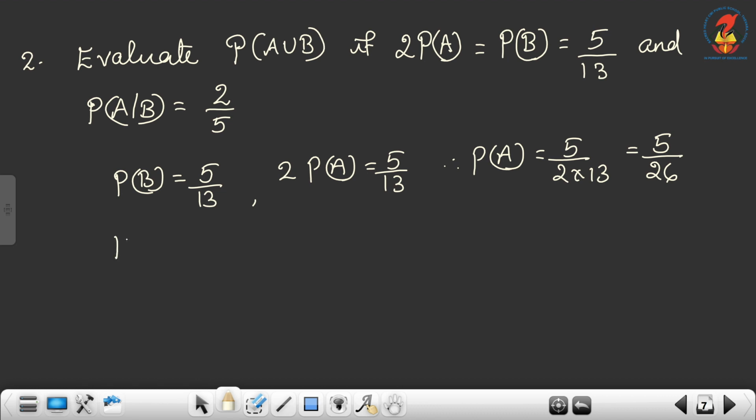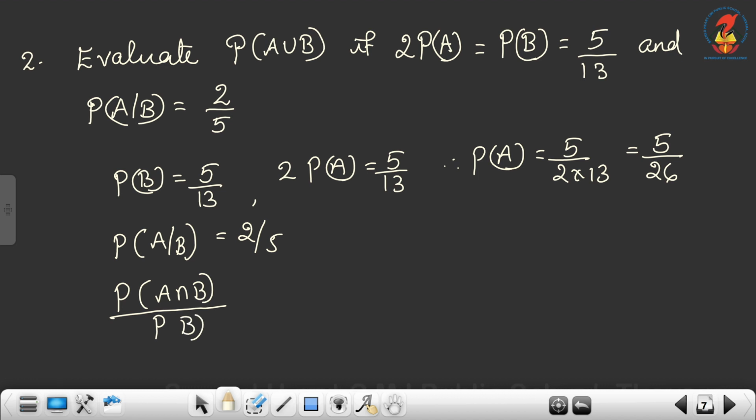Now P(A given B) is given. P(A given B) is 2 by 5. What is P(A given B)? P(A intersection B) by P(B), that's equal to 2 by 5. So what is P(A intersection B)? P(B) is given now, P(B) is 5 by 13.